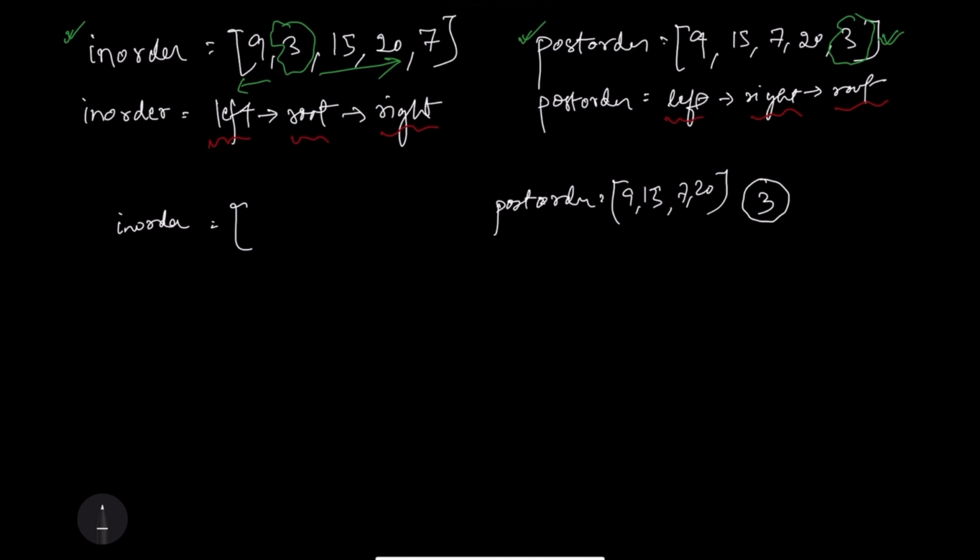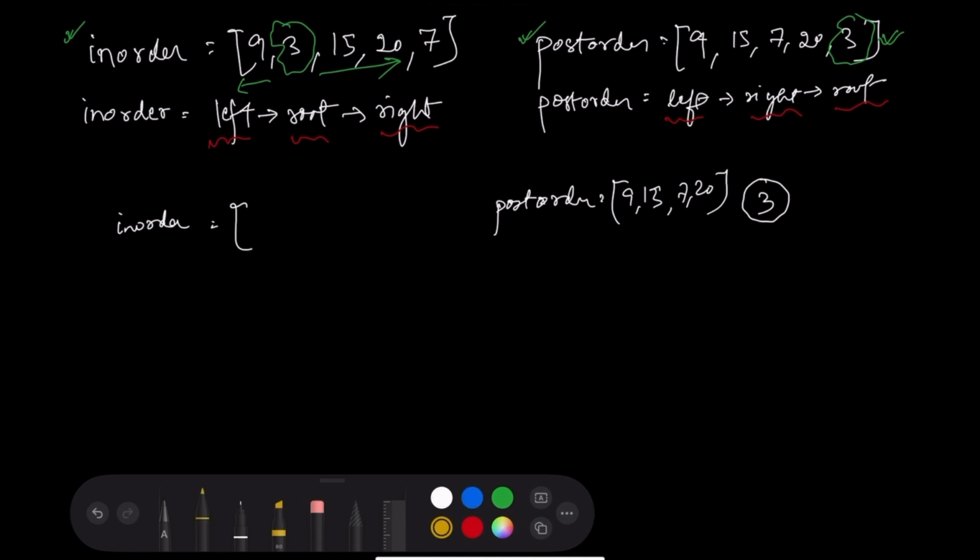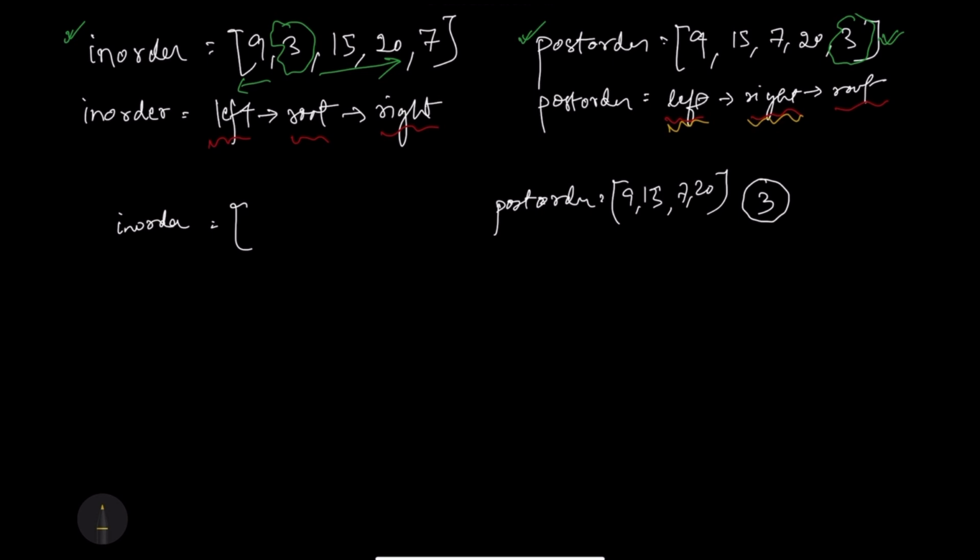This is because our postorder is left, right and then root, so we will be popping out from the last. So the elements that would come up first are the elements from our right subtree. So we will populate our right subtree first and then we will populate our left subtree.